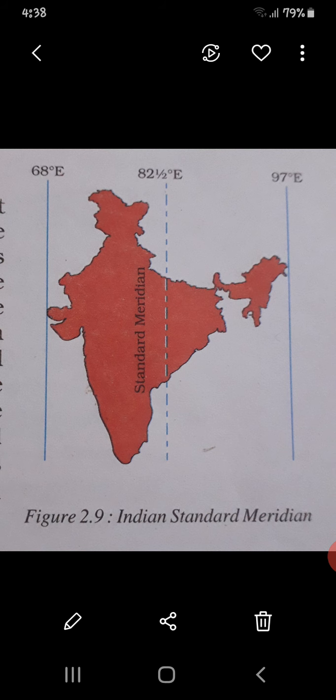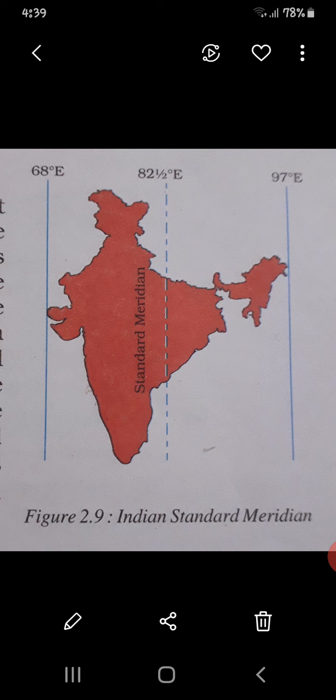We also spoke about the international date line, IST, Indian Standard Time, and GMT, Greenwich Mean Time. We also spoke about Universal Time Coordinated, which is the same as GMT. We also spoke about the standard meridian of India, which is passing through Allahabad.